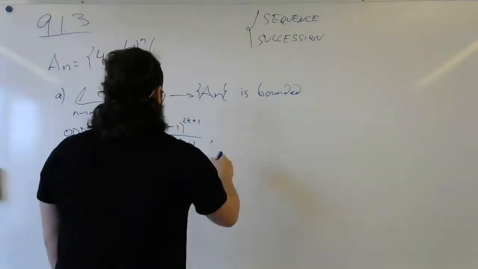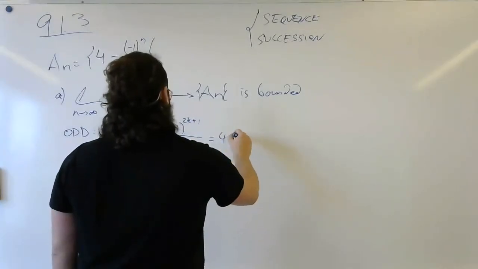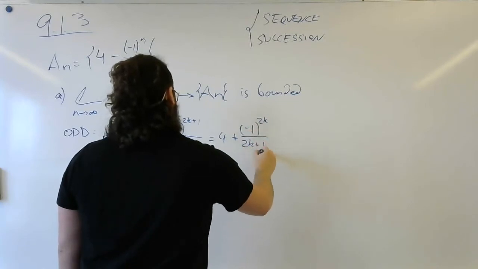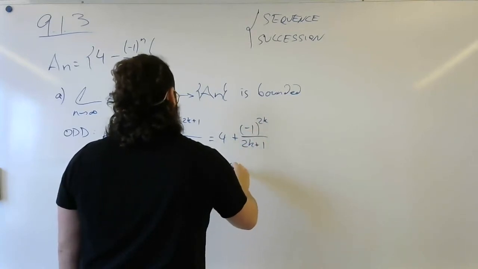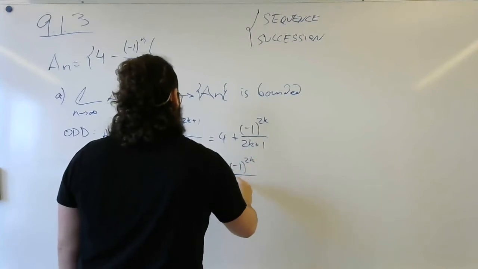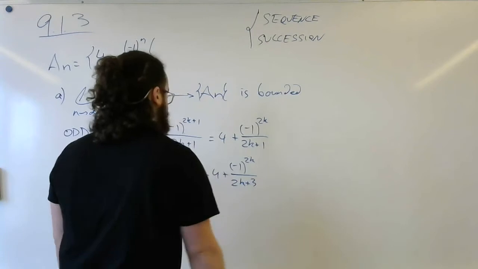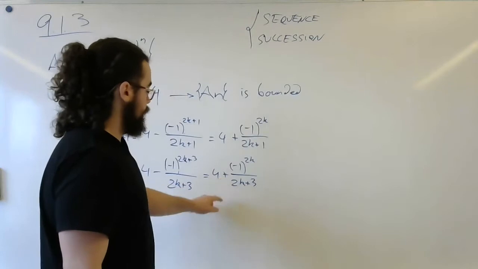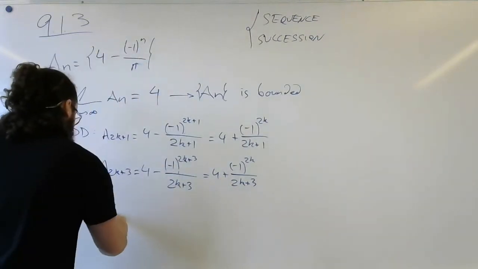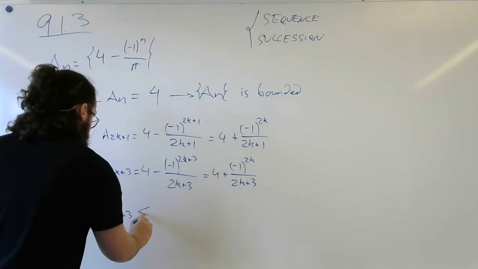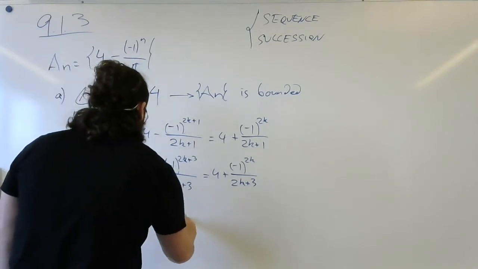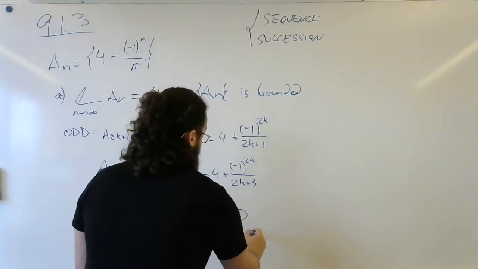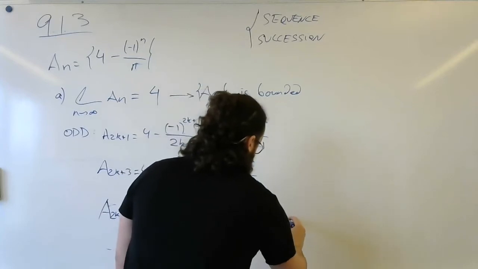Yeah. I'm going to rewrite this a little bit. This fraction is smaller, it's adding up. So we have that a 2k plus 3 is smaller than a 2k plus 1, which means the odd subsuccession is decreasing.